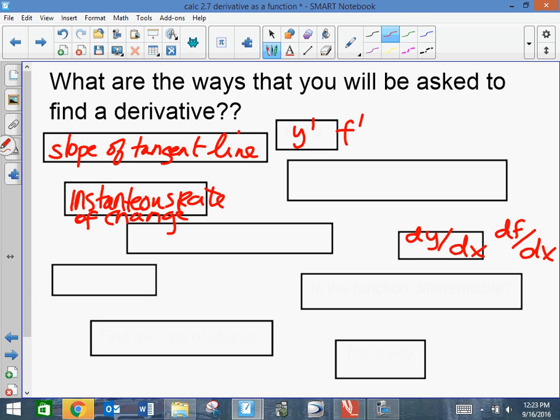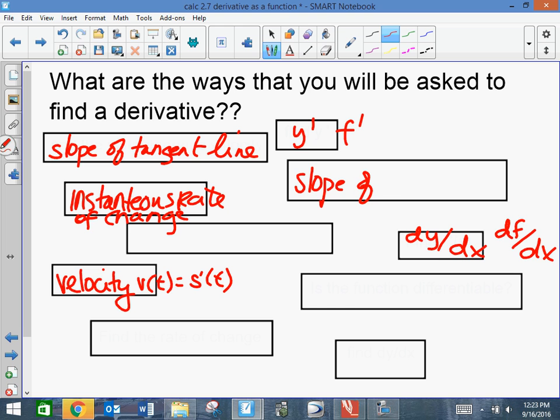No. Average rate of change is different. Velocity is one, yes. Velocity is the derivative of the position function, whatever that might be. Okay? What else? Claire? Yeah.